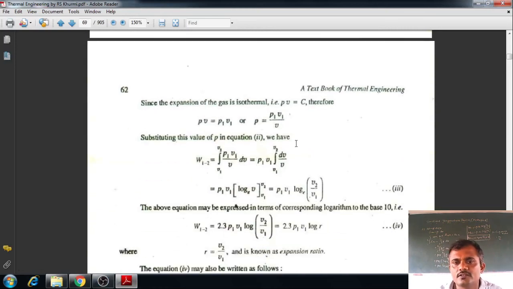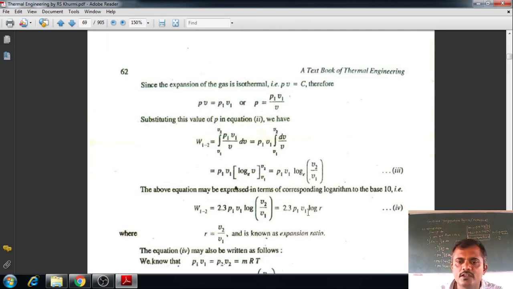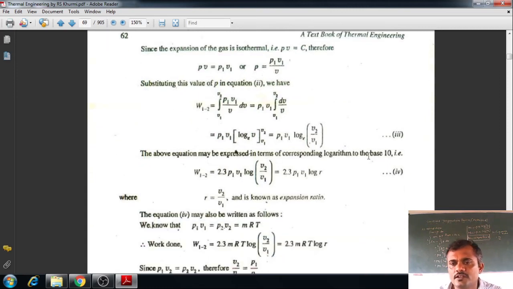It's a very simple derivation, so it can be asked for 5 marks. Again you can concentrate here. It's a logarithm to the base 10. If I write like this, then it's a logarithm to the base e, and when we use 2.3, it becomes a logarithm to the base 10, and R is called V2 by V1.